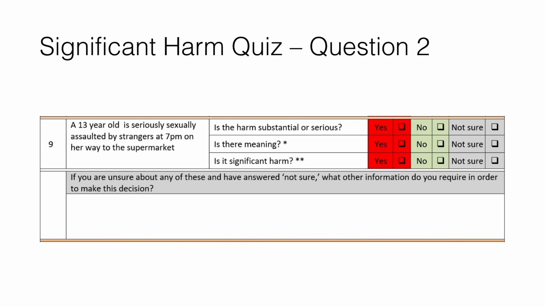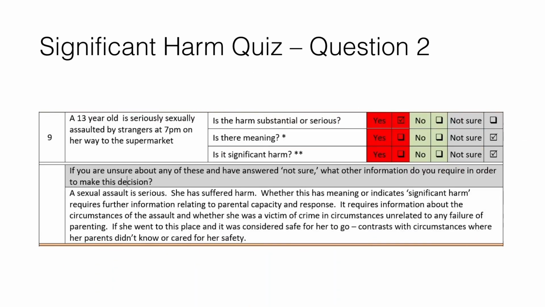Teenager sexually assaulted by strangers. What do you think? Is the harm substantial or serious? Is there meaning? Is it significant harm or likely to become significant? The sexual assault is substantial, seriously harmful, so yes.